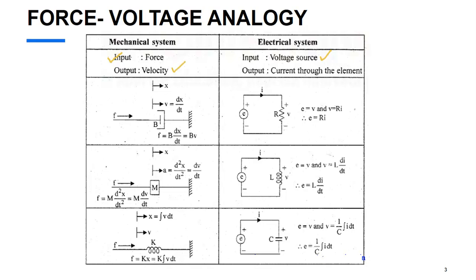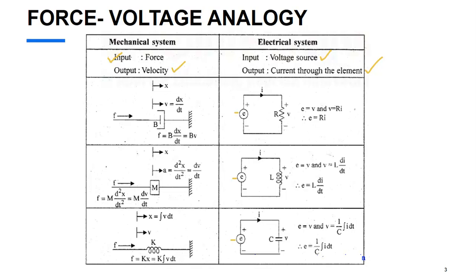In an electrical system, it is a current through the elements. Now you see here all the inputs are force, which is replaced by an E, meaning a voltage source, and all the displacements are represented in terms of the velocities.